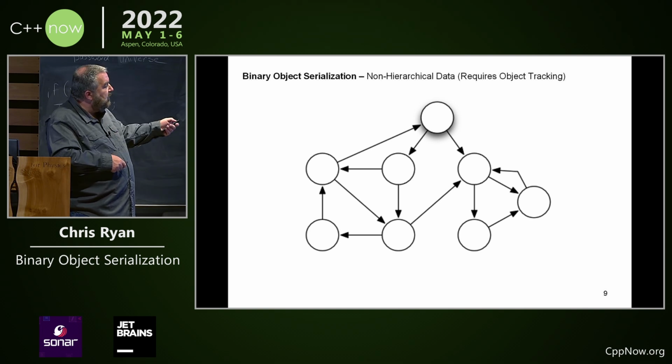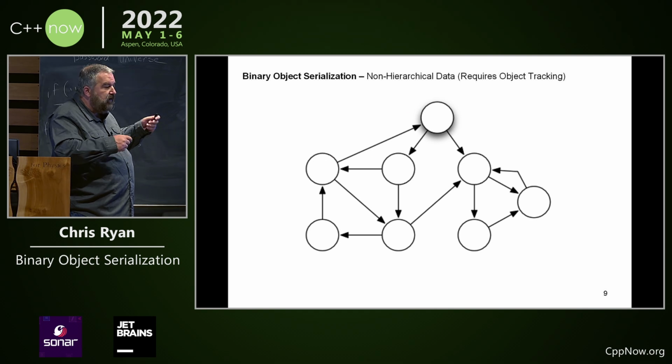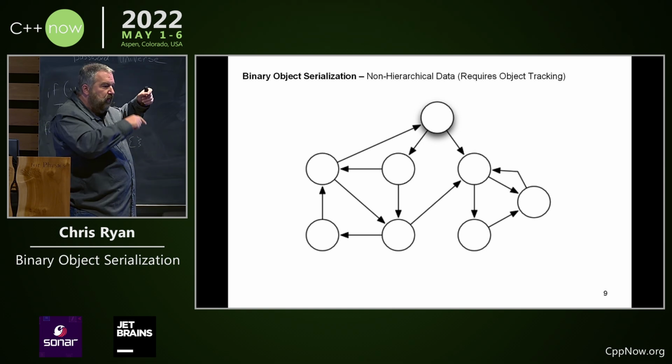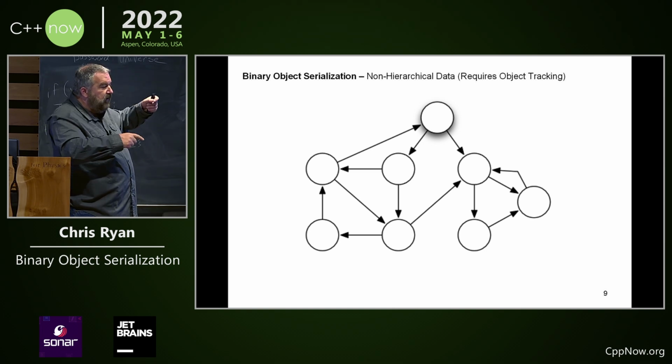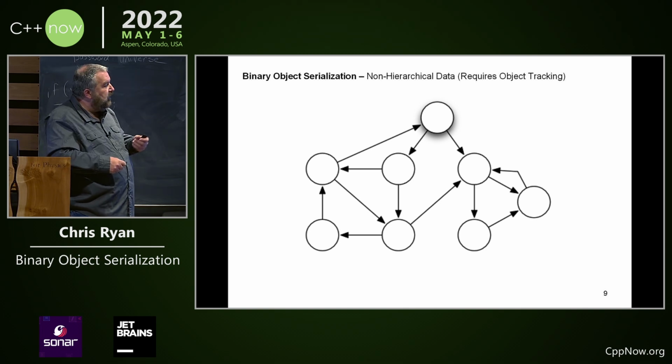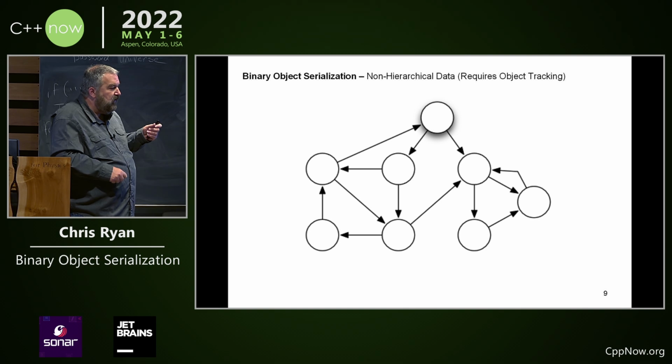If you start at one of these nodes, it will traverse the whole thing, block from going recursive and looping, save that out, and then I can turn around and reload that later. So the pointers are maintaining the relationships between the objects.